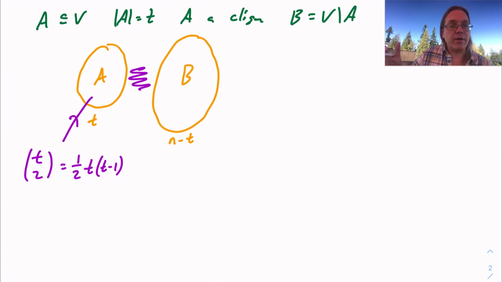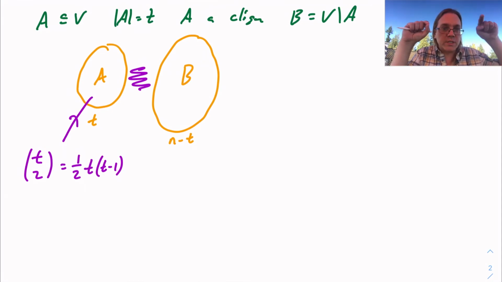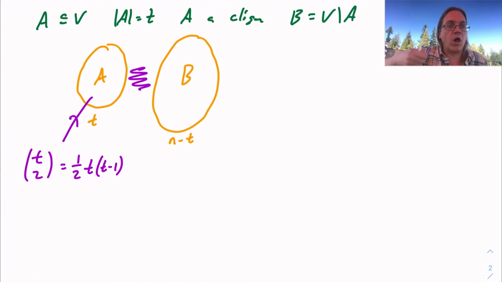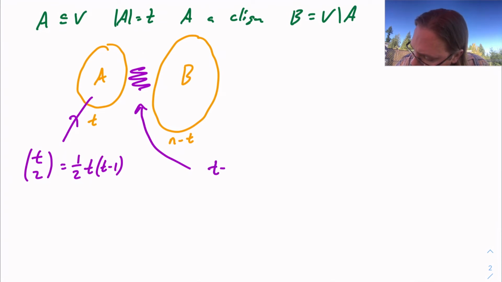And that's giving us a bound on the number of edges between the two graphs. If I give you a vertex in the set B, it can join to at most t minus 1 of the vertices in A. So there could be at most t minus 1 edges from A over to that vertex. And that same bound works for all n minus t of the vertices in B. So the number of edges between A and B is going to be at most t minus 1 times n minus t.